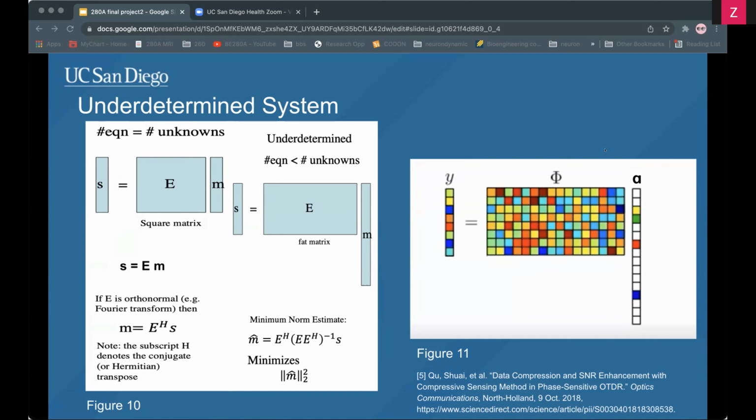Generally, if we have a square matrix and an image, we come up with the same number of measurements. However, within the underdetermined system, the number of unknowns is more than the number of equations, which means that we'll have more than one solution and it makes our problem ill-posed. So how do we find our optimal solution?